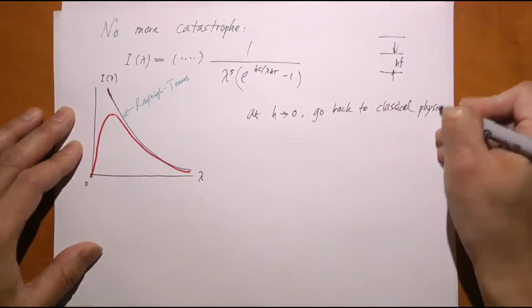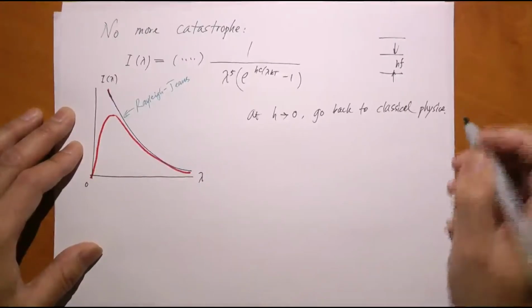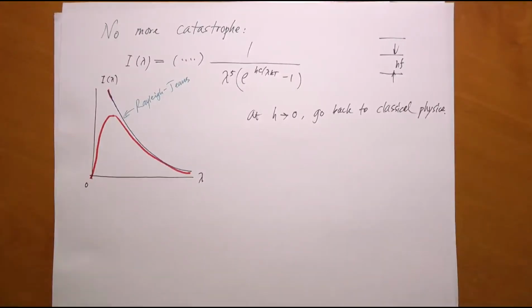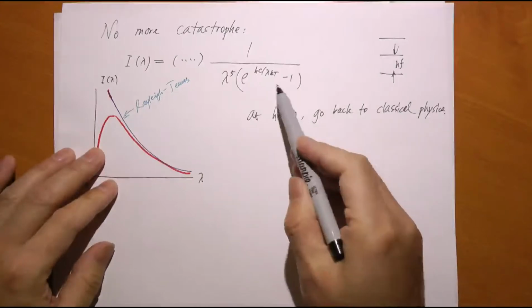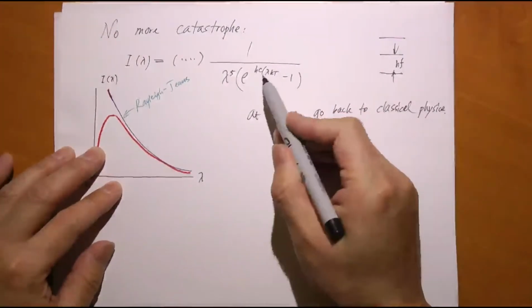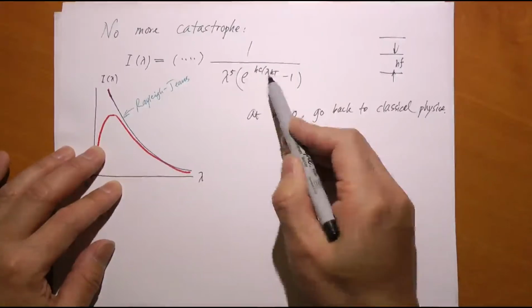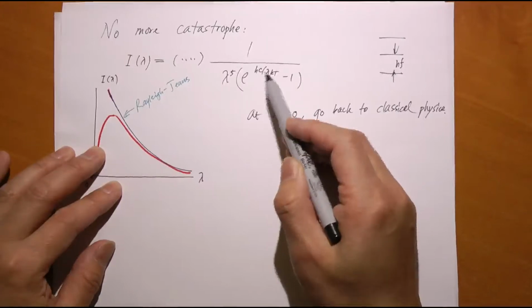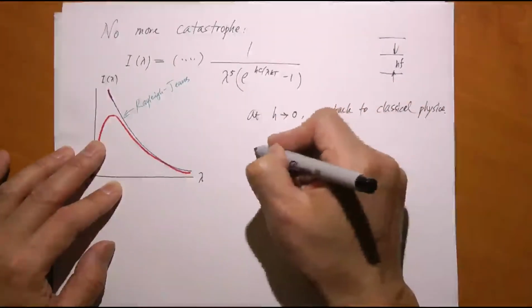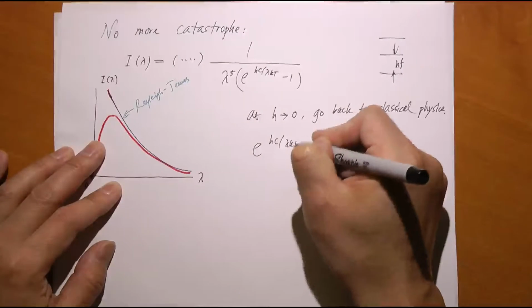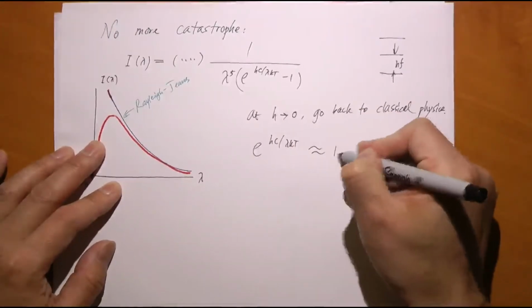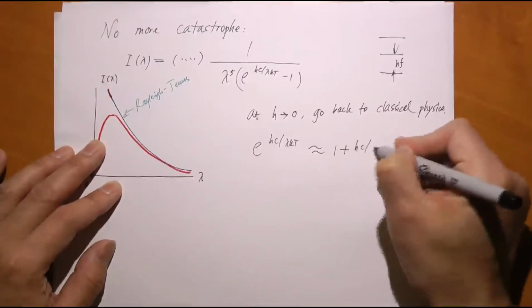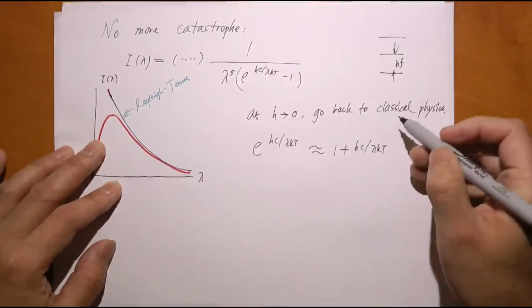Just like when c approaches infinity, or v approaches a value much less than c, then you should go back from relativity to classical mechanics. As a matter of fact, you can easily see that when h approaches 0, then e to the power whatever is very close to e to the power 0, or at least something very small, and then e to the power hc over lambda kT I can approximate as 1 plus hc over lambda kT, as h becomes very small.